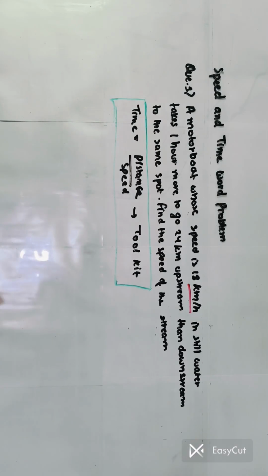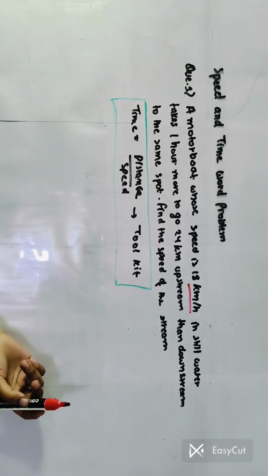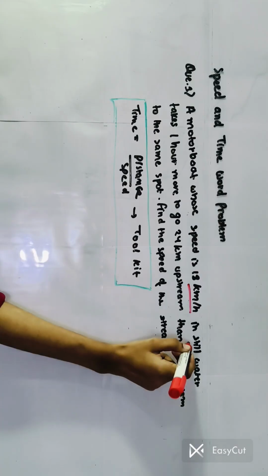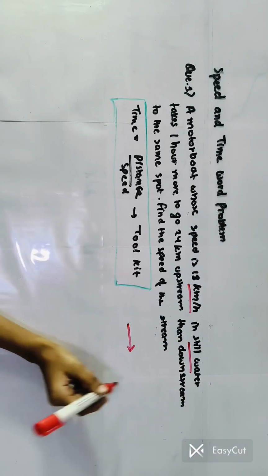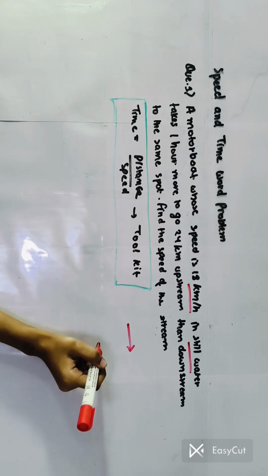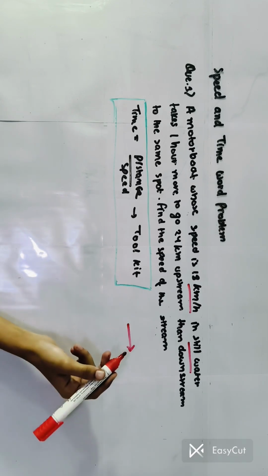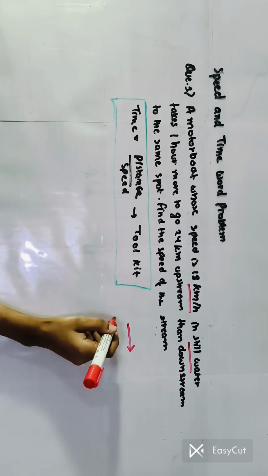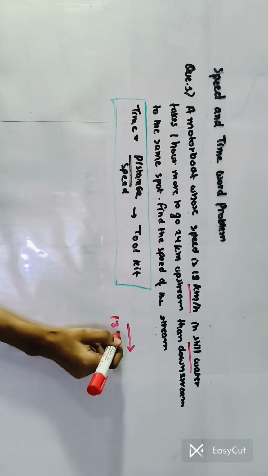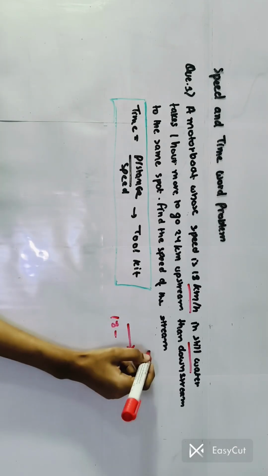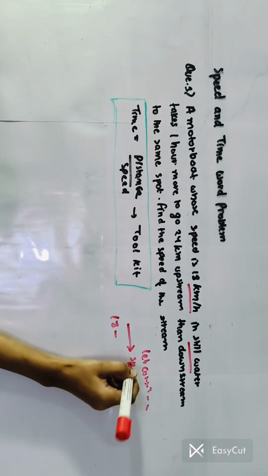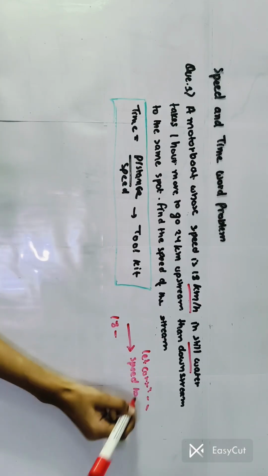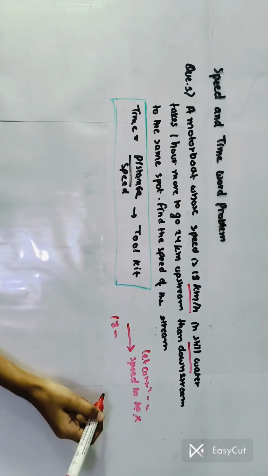So let's keep some things in mind. When we say still water, it means the water current which generally flows in whatever direction is not present, so there is a speed missing. So that speed will either be subtracted. Let's consider whatever speed to be x.